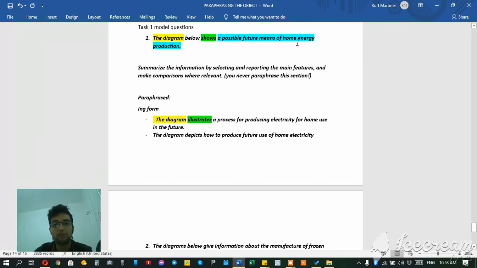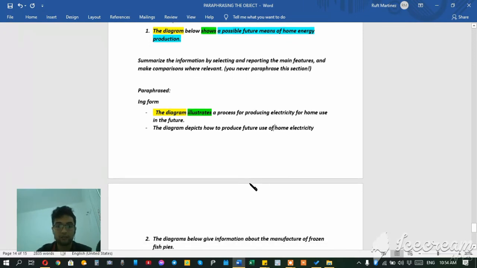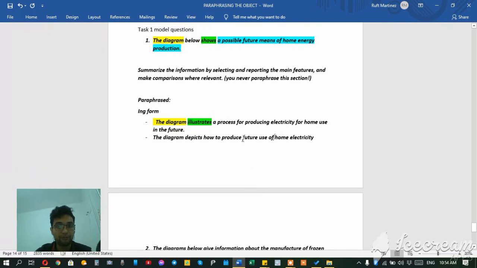Possible future use of home electricity, home energy production. Again, home electricity. Produce future use of home electricity, or a process for producing electricity for. You can use them both.